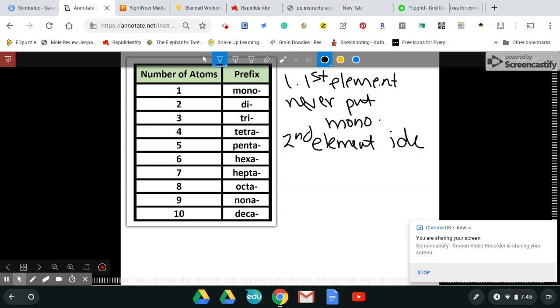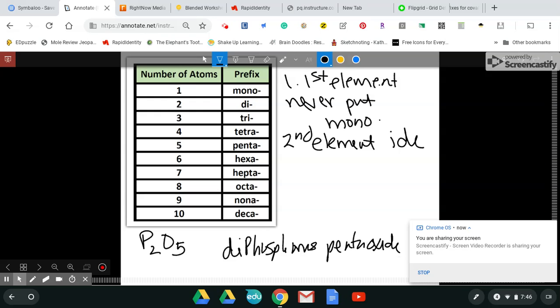All right, so here's my first one. Let's say that I've got P2O5. Well, P is phosphorus, so the first word you don't change. So it's diphosphorus, because that tells me how many. Diphosphorus. Penta, because 5 is penta. Pentaoxide. All right.